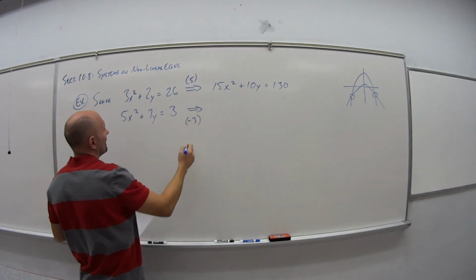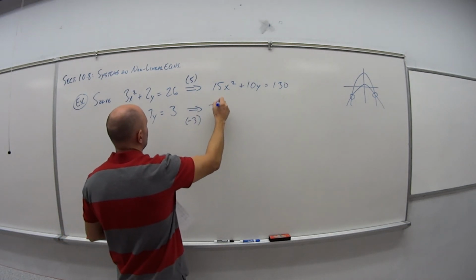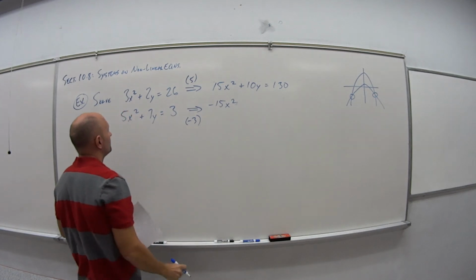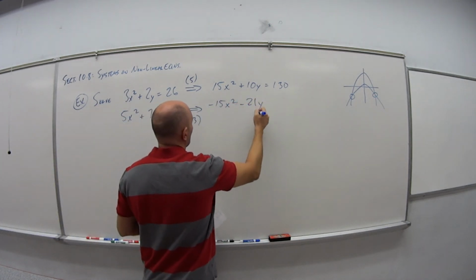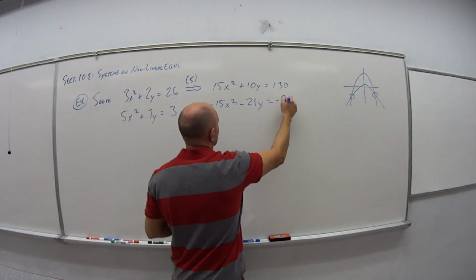So I'm going to multiply by negative 3. So when I do this, I get negative 15x squared. Whoops, x squared. 7 times negative 3, so minus 21y. 3 times negative 3 is negative 9.